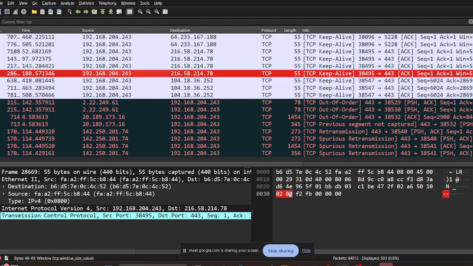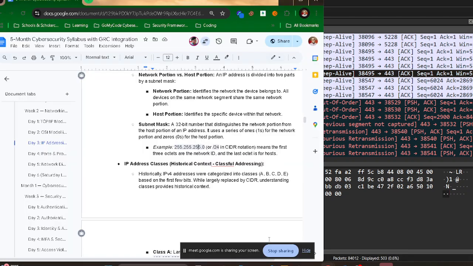So with this subnet mask now, you can easily identify which one is the network portion and which one is the host portion, because here the network portion is identified by ones and the host portion is identified by zeros.